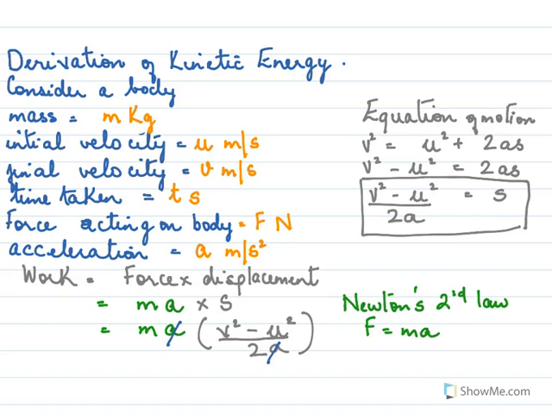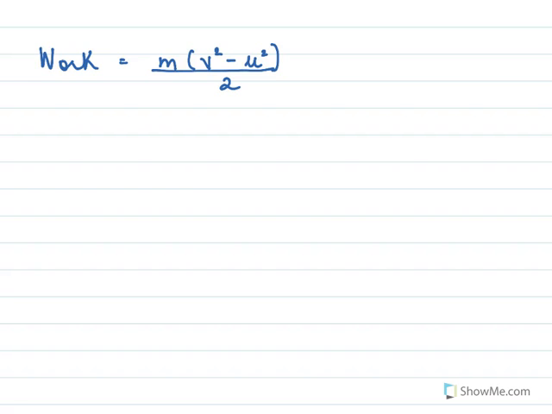This a and this a will cancel out, and what will now remain is work equals m by 2 into v square minus u square. So this was work. We'll just rearrange. So we have half m into v square minus u square.